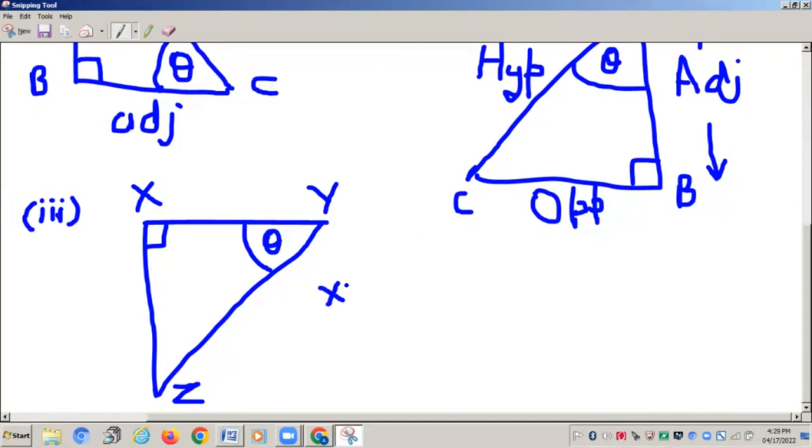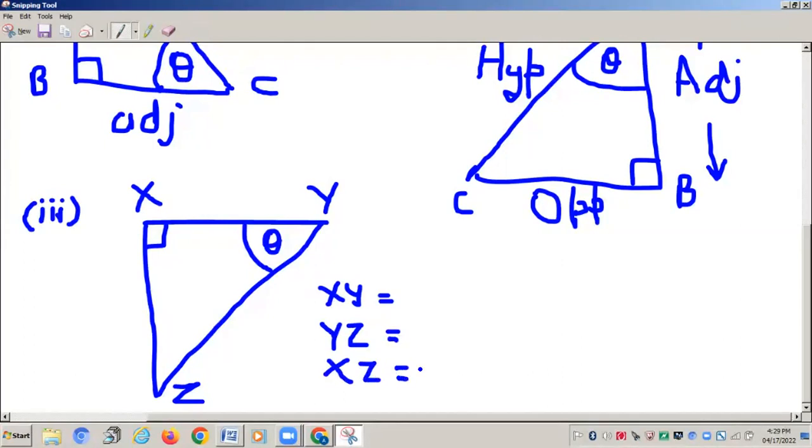Just write X, Y. You can use H for hypotenuse, O for opposite, and A for adjacent. So tell me what side XY is, what side YZ is, and what side XZ is.